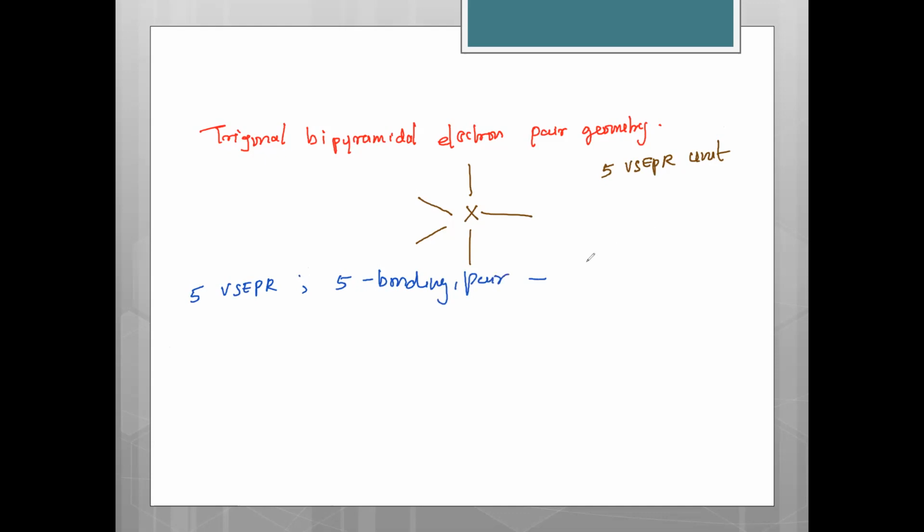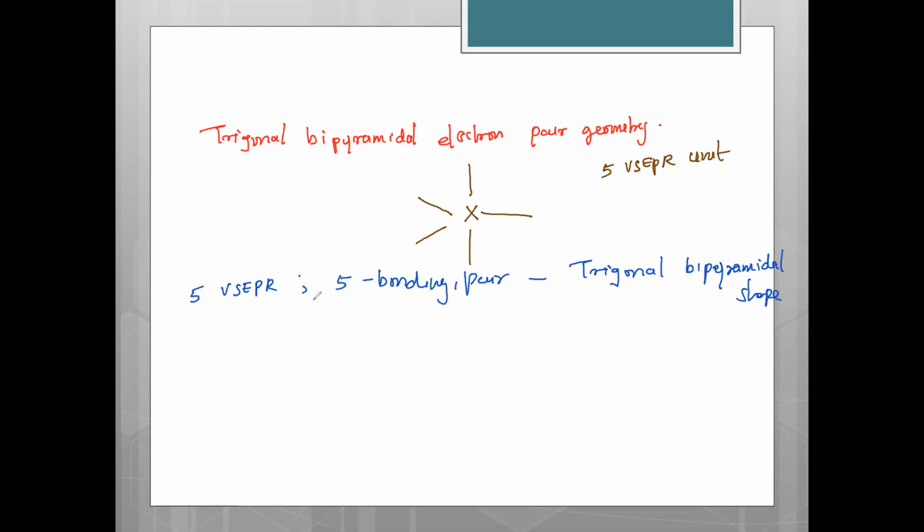The shape is the trigonal bipyramidal shape.